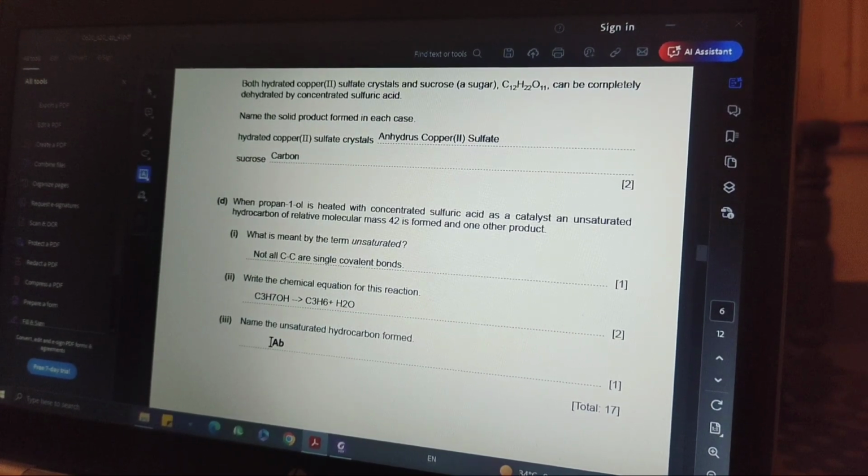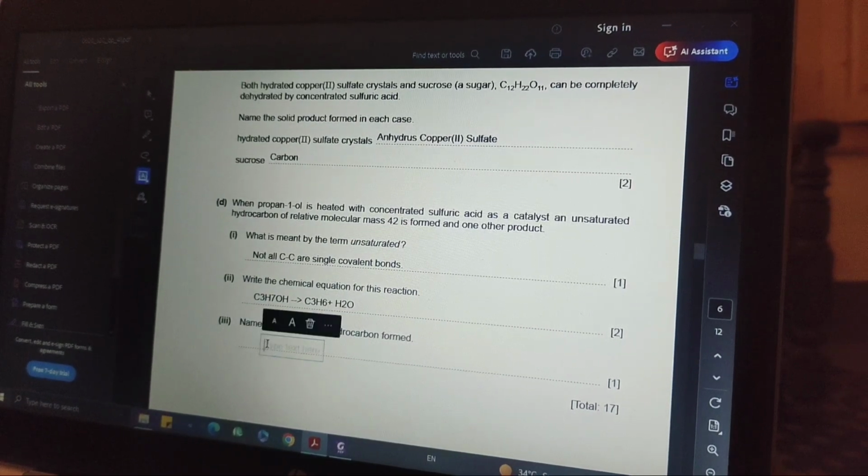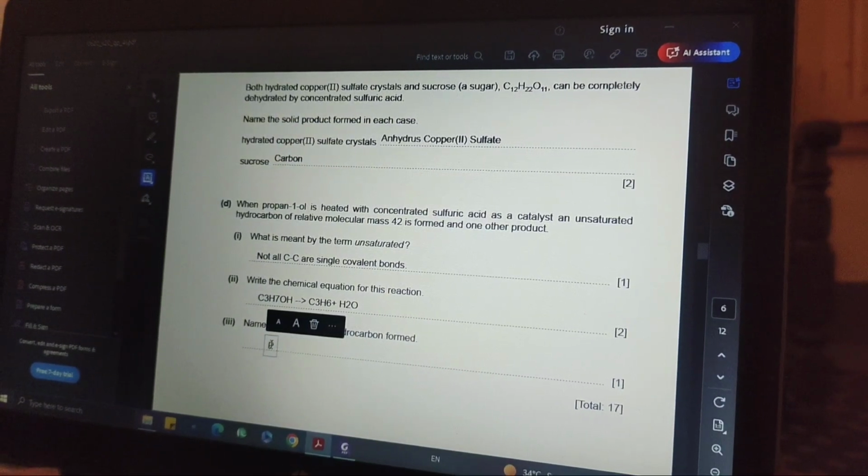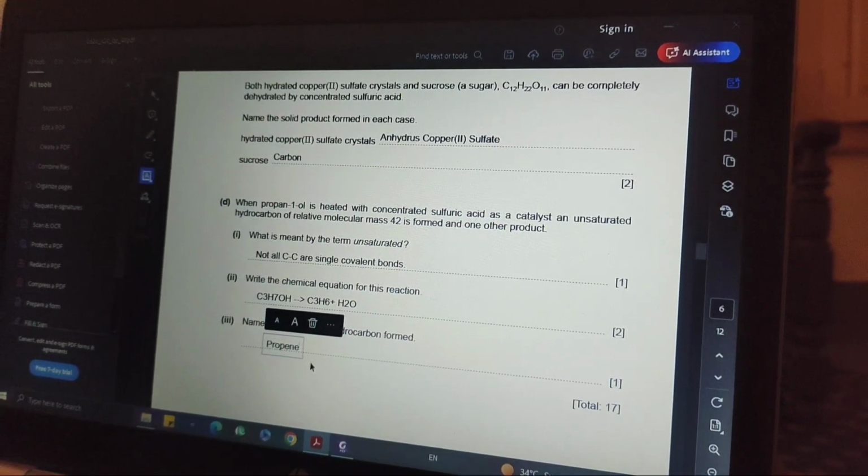Name the unsaturated hydrocarbon formed. That is from the propane, so it is propene, an alkene.